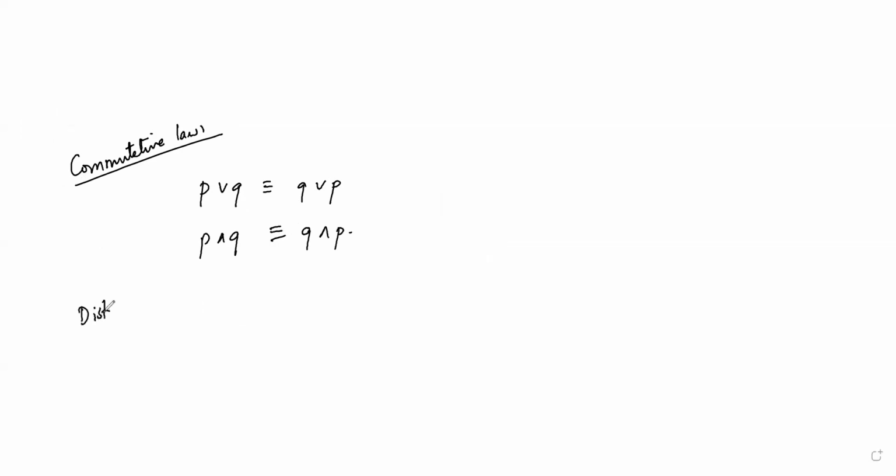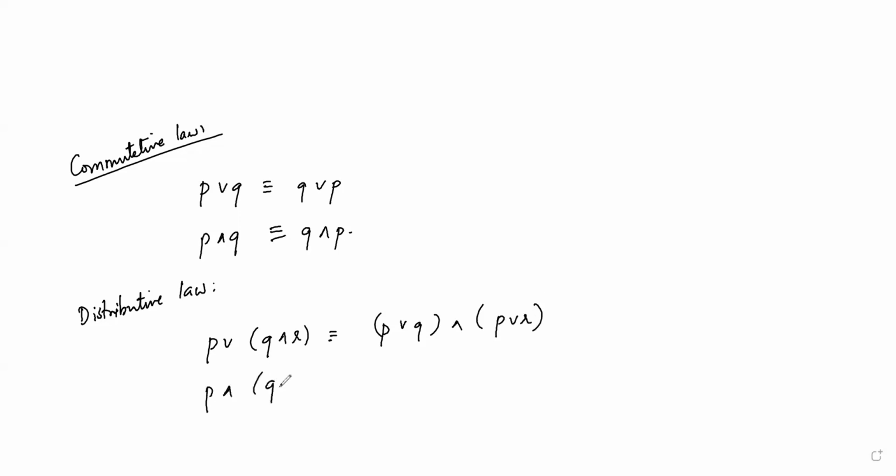Then you have the distributive law, sir. P or (Q and R) is equivalent to (P or Q) and (P or R). Similarly, P and (Q or R) is equivalent to (P and Q) or (P and R). These are your distributive laws, sir.